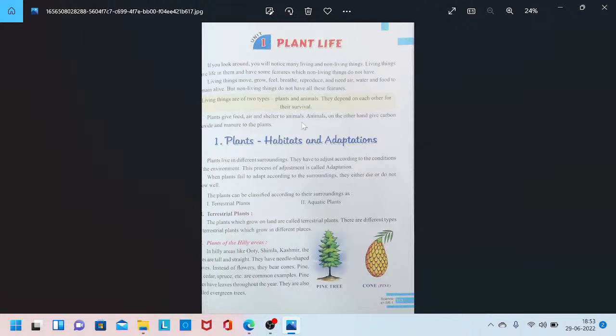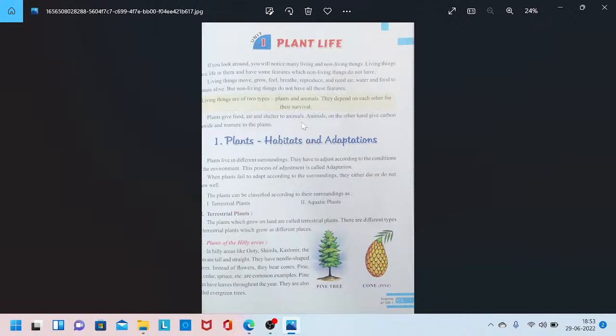So plants give food, air and shelter to animals, and animals on the other hand give carbon dioxide and manure to the plants. See children, likewise plants help animals and animals or human beings also help plants.